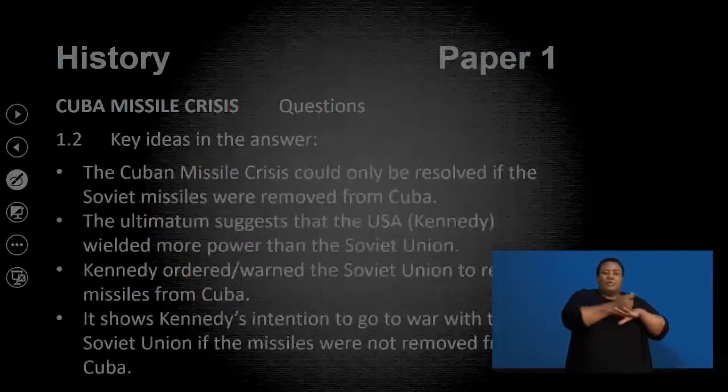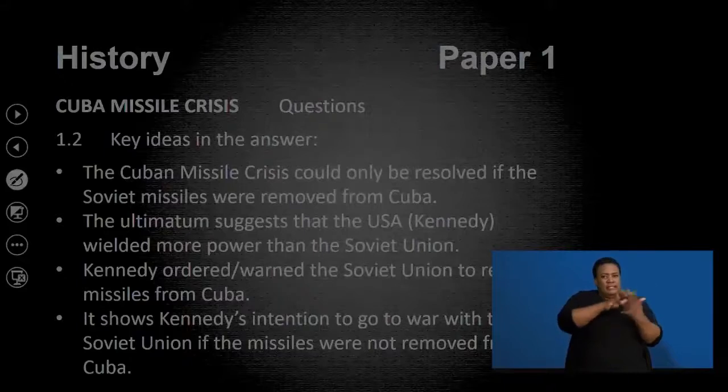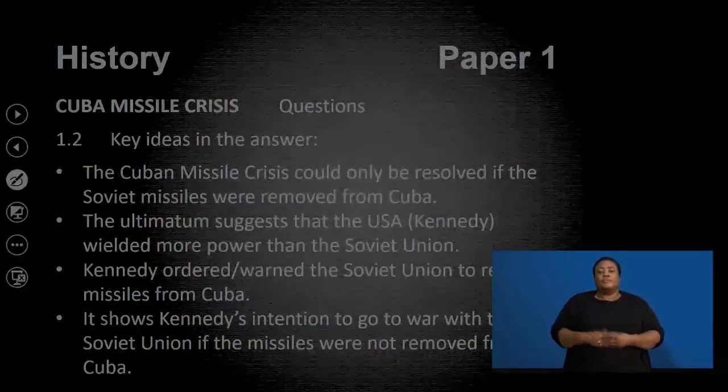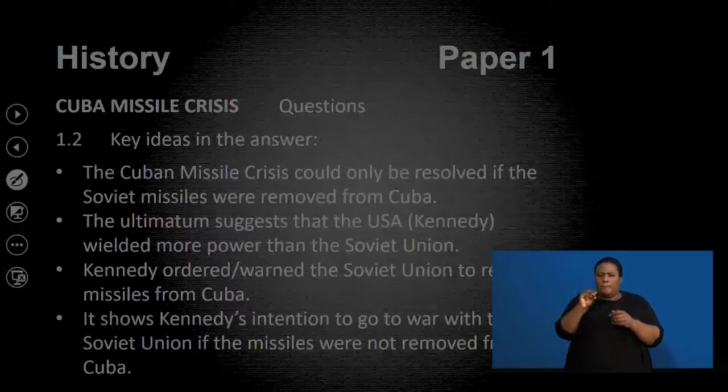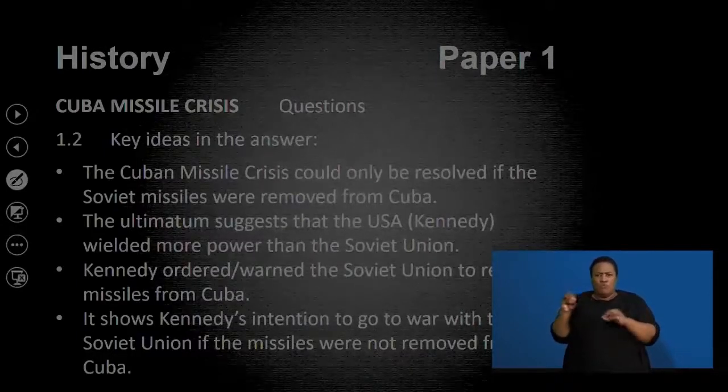If we look at some key ideas in your answer here: the Cuban Missile Crisis could only be resolved if the Soviet missiles were removed from Cuba. The ultimatum suggests that the USA, Kennedy, wielded more power than the Soviet Union. Kennedy ordered or warned the Soviet Union to remove missiles from Cuba.